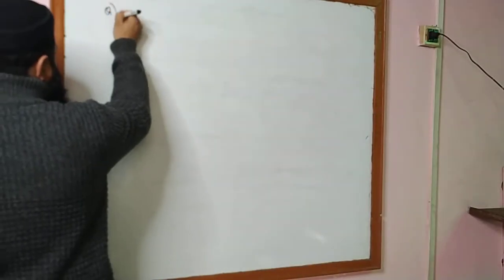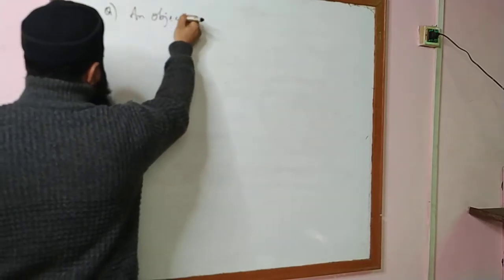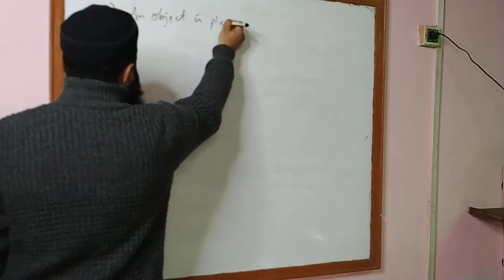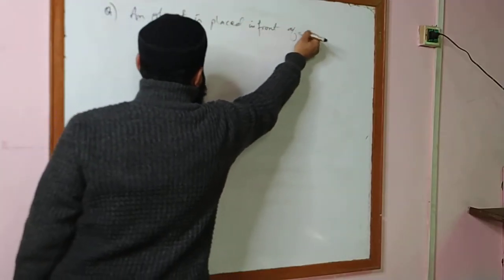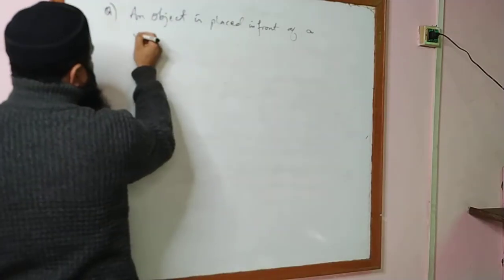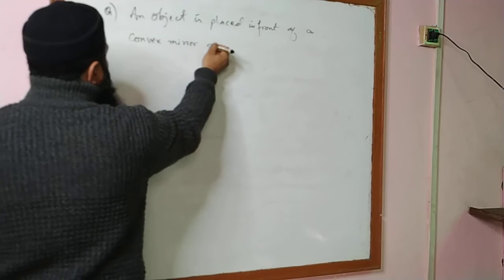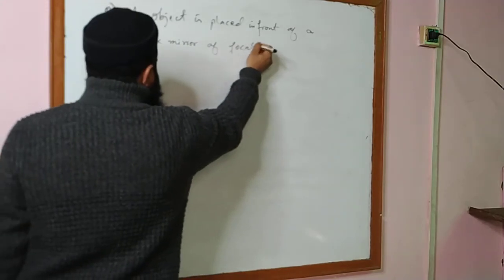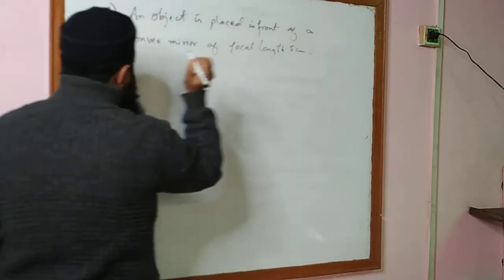Let the question be this. An object is placed in front of a convex mirror of focal length 5 centimeter.